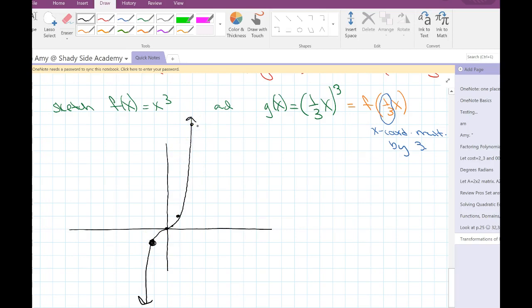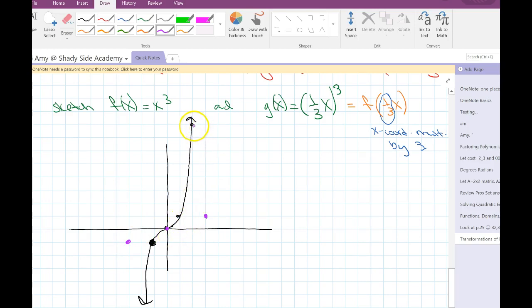All right, and g of x is going to result in taking f of x and horizontally stretching it. So (0, 0) stays the same. (1, 1), though, look what happens: (1, 1) becomes (3, 1). (-1, -1) becomes (-3, -1).